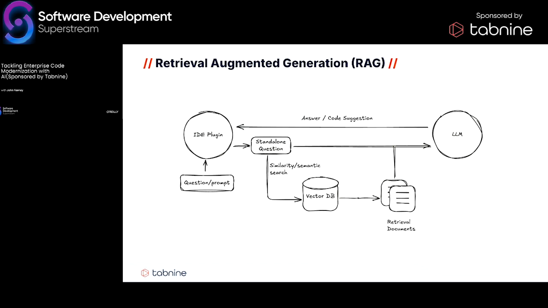And the AI tooling, when the user asks a question of the model, is going to use a retriever to perform a similarity or semantic search against that vector space to see if there are any documents in there that are related to the question or the problem at hand. And if there are, it will retrieve those documents, enrich the context, and populate the context window with those documents.